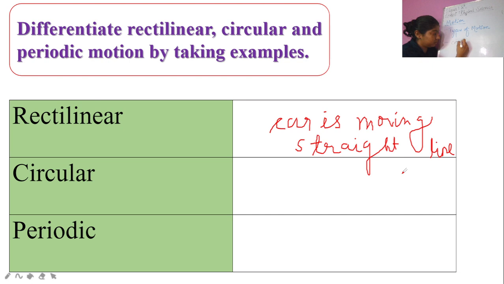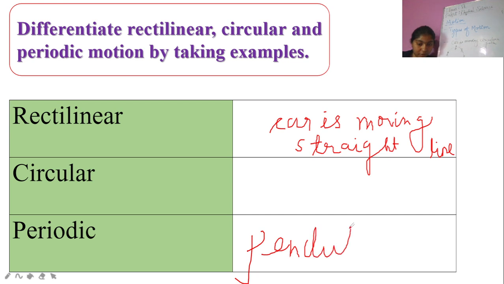If any person is walking on a path in the form of a circle, going around every part of the circle, then we say it is moving in a circle. Okay. If we talk about periodic, we can take the clock and pendulum example, right? That is very useful for us. So we can write that the pendulum has this type of motion.